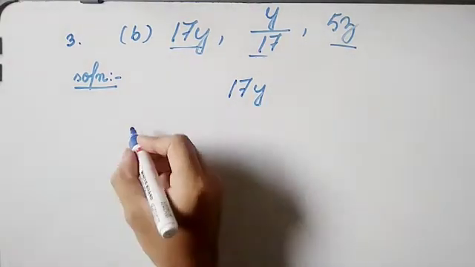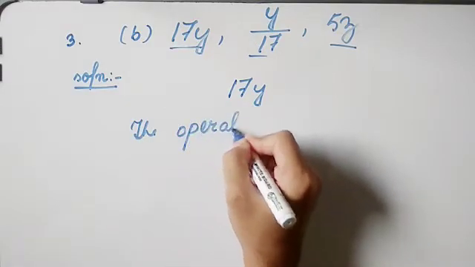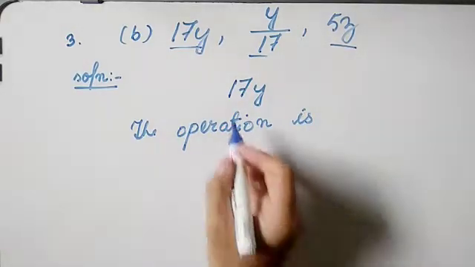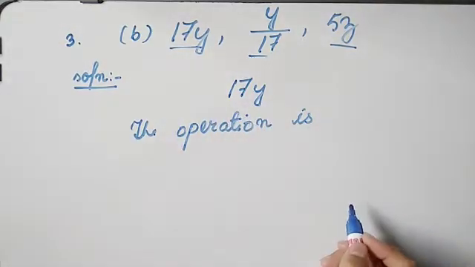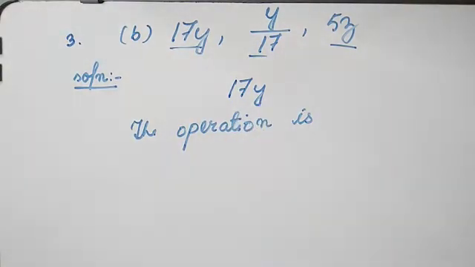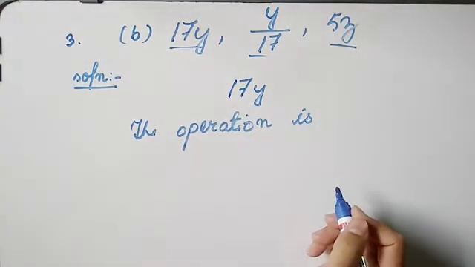So the first answer that we need to find is the operation, the kind of mathematical operation used in these expressions. But as we can see from these expressions, we cannot see any mathematical operation, right? There is no plus, no minus here.